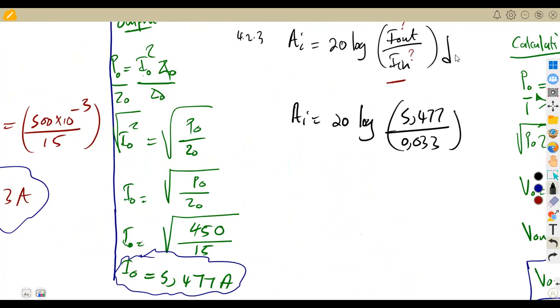And this gives us our answer in decibels. So our current gain is 44,40057, something like that, which is 44,400.